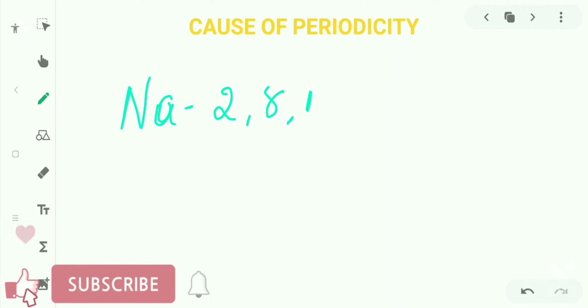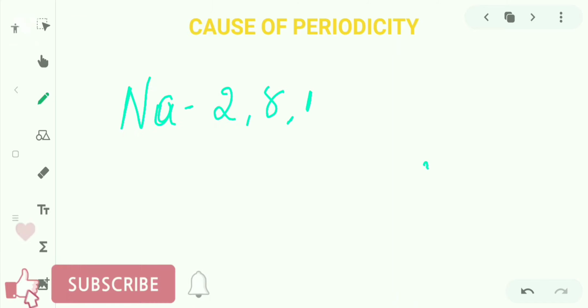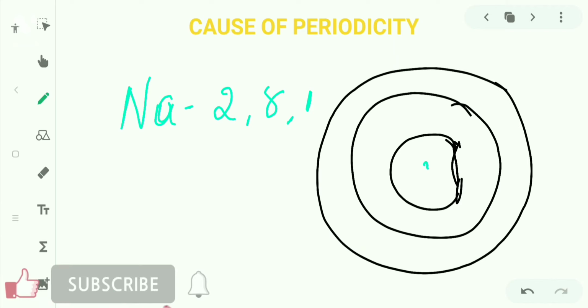I am drawing its structure. This is the first orbit, this is the second, this is the third orbit.